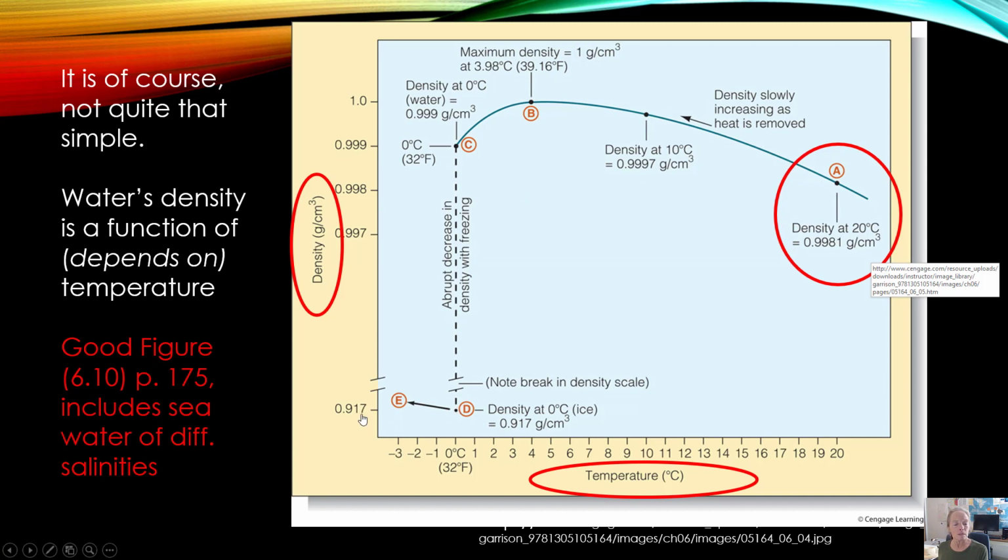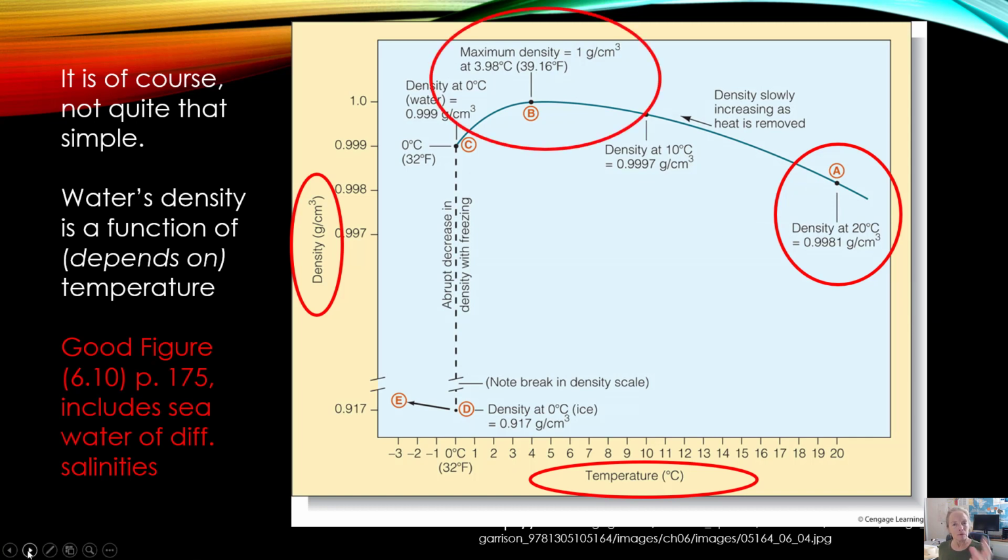This is the lowest, the least dense, the lightest that water can be. This is the most dense, 1, all right? So that was at 20 degrees, it's about 0.9981. So it's not as dense as it can be, but it's a lot denser than D and E.